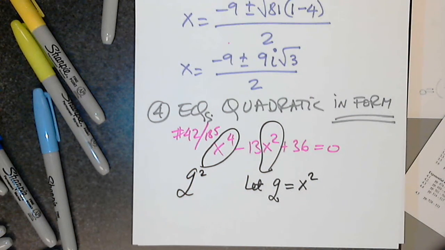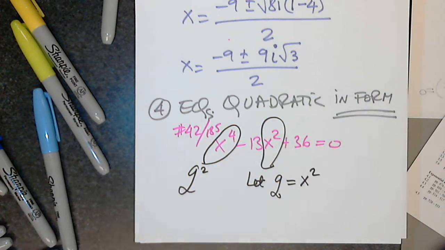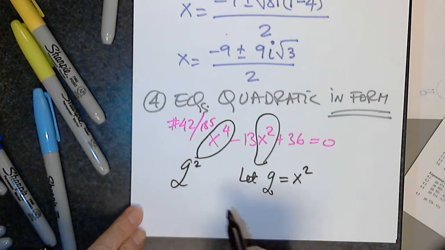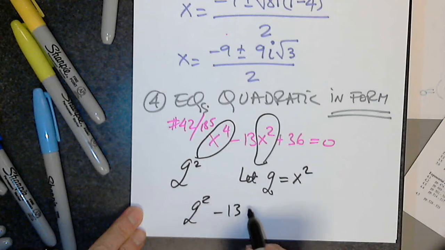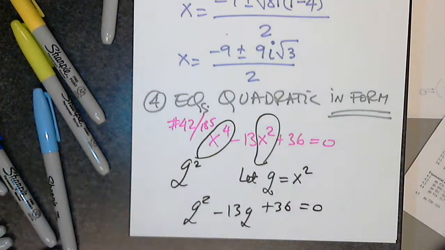So this equation is quadratic in form. It's not quadratic. It's quadratic in form because it can be replaced by a quadratic equation. Can anyone dictate the new equation that we just created? That's it. So what I did was, actually you did, I only wrote it, you changed the equation from degree 4 to degree 2.